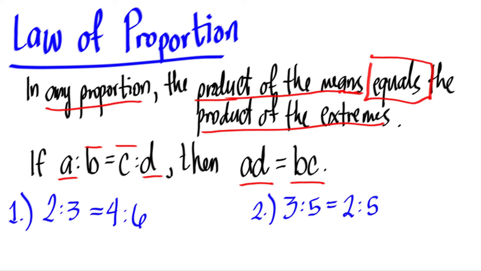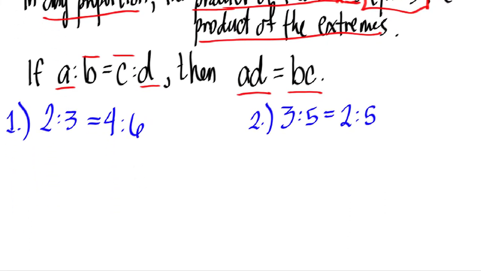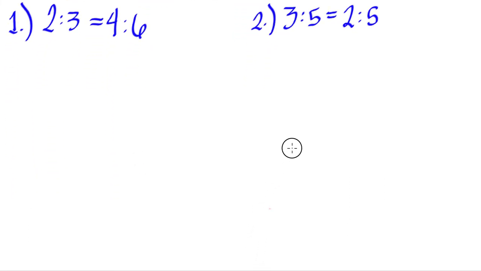Let's try these two examples, numbers 1 and 2, and tell if they are a proportion or not. Let's first answer number 1. Again, the product of the means equals the product of the extremes, so let's see if this is true.